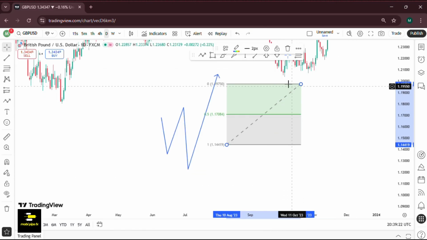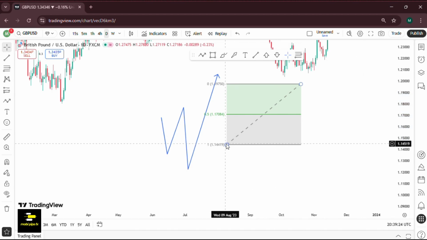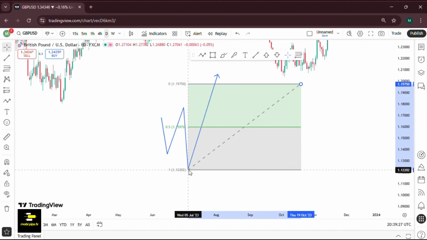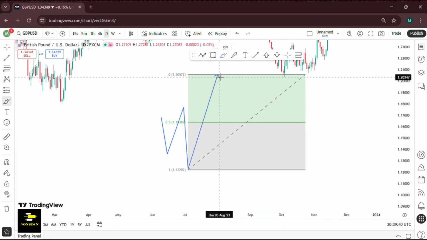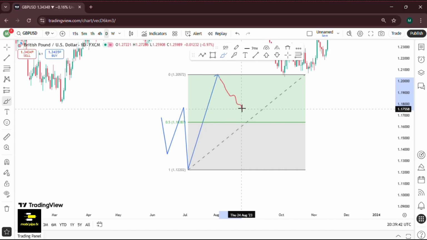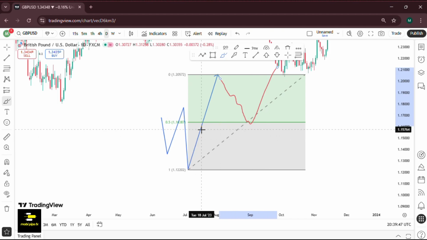So what we are saying is that when you get a break of structure and you're measuring your swing structure, we know that this is what we are running, and we are expecting price to start selling from here into this zone before we buy, because that's our equilibrium.